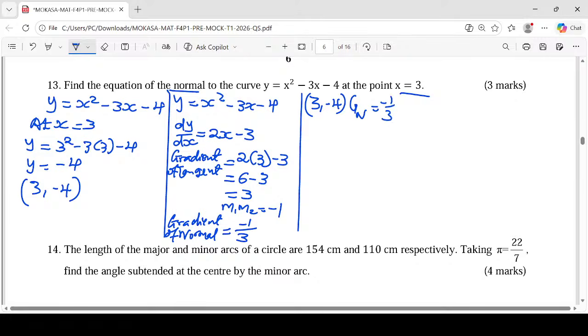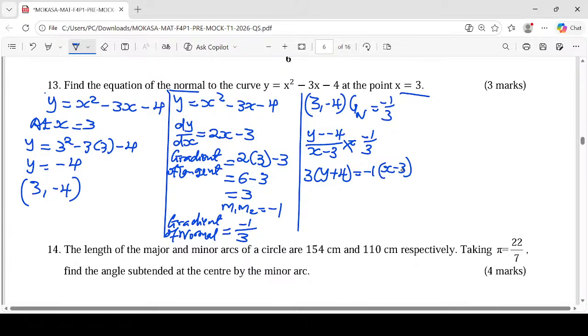Now we can get the equation of the normal because we'll now say y minus -4 over x minus 3 to be equal to -1 over 3. When you cross multiply, this will be 3 into y minus -4, which is like saying y plus 4, is equal to -1 into x minus 3.